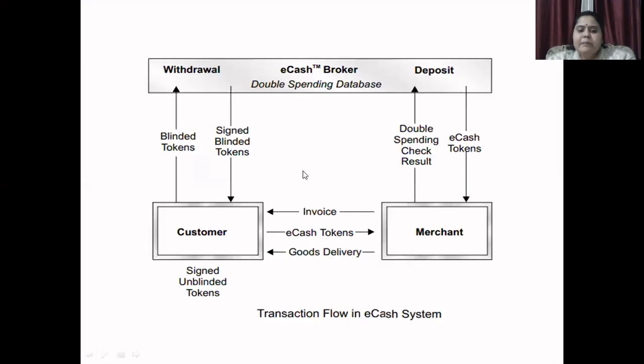Next, the privacy protection blind signature. In the simple withdrawal described earlier, the bank creates unique digital coins, validates them with its special digital stamp, and supplies them to the customers.